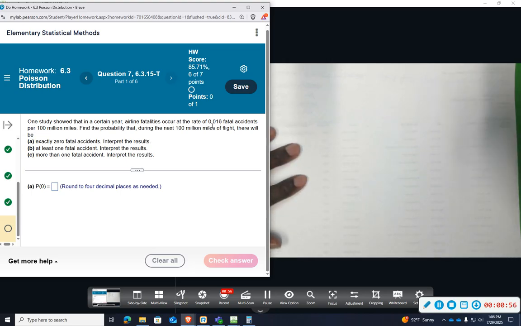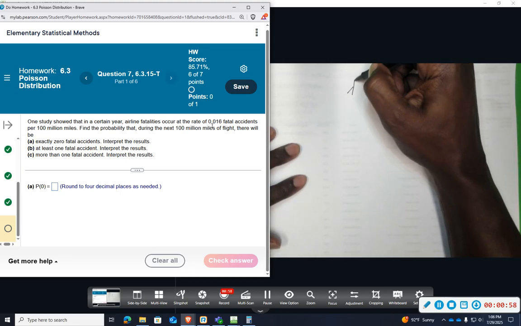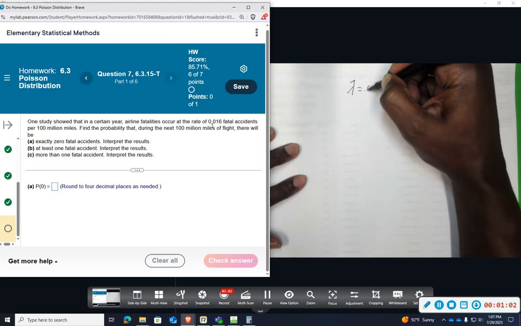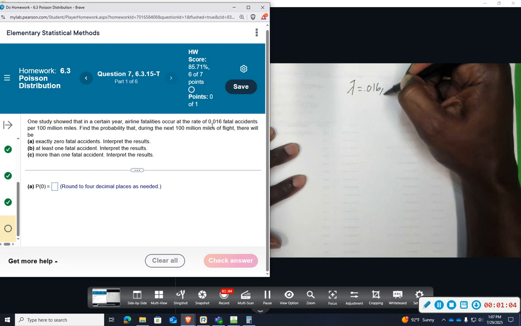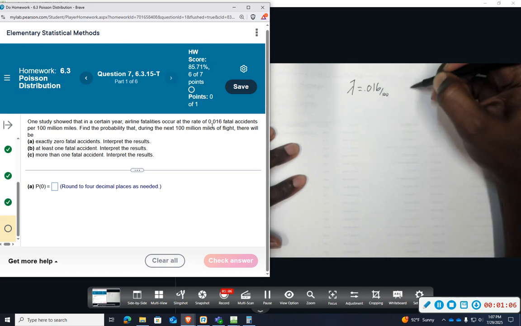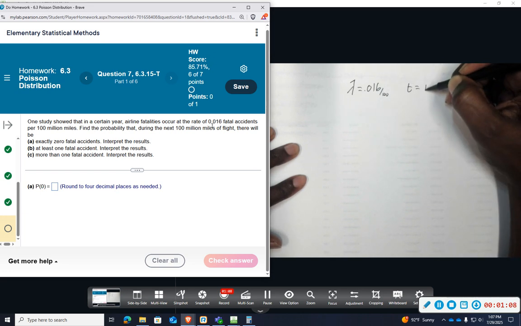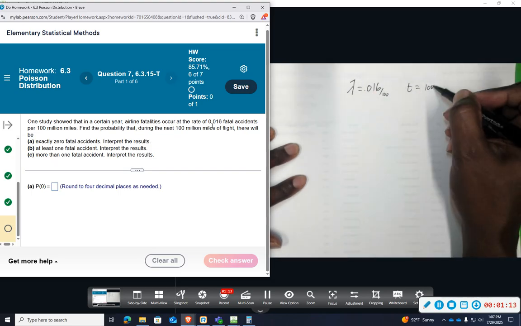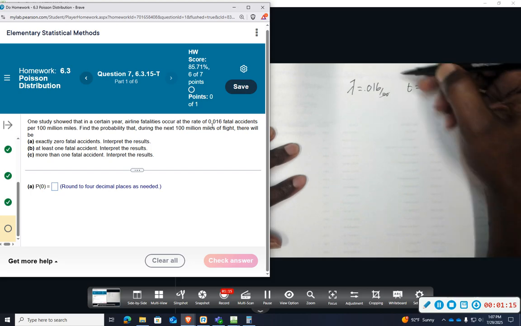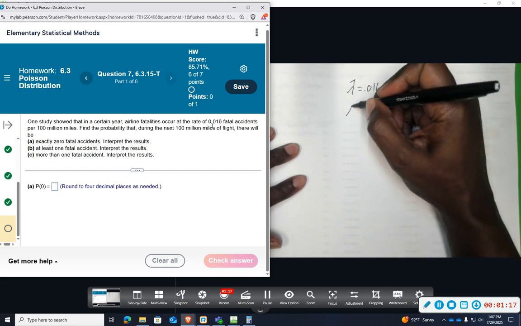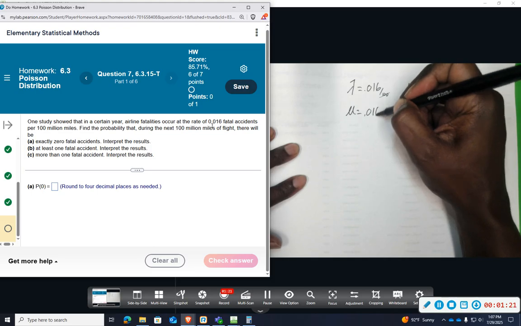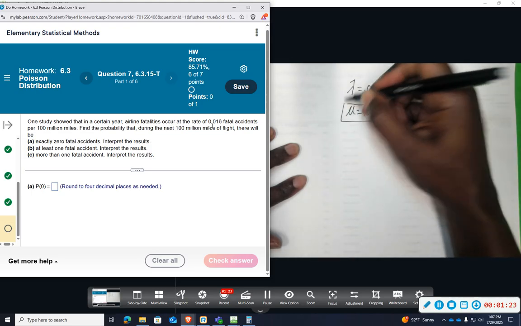So basically what I'm saying is lambda is 0.016 per the 100 million miles. Our time period is 100 million miles. So that's one time period. When you multiply this, the 100 basically divides out, and you get just the mean is equal to 0.016. So this time the lambda that they give you is equal to the average.